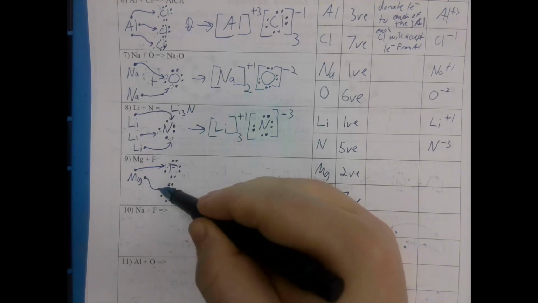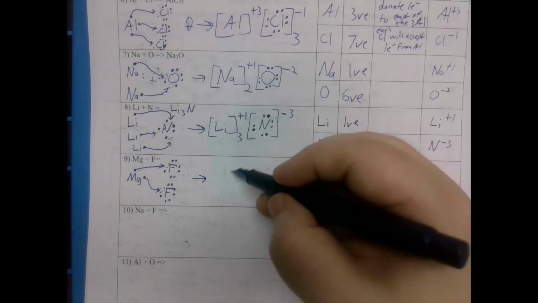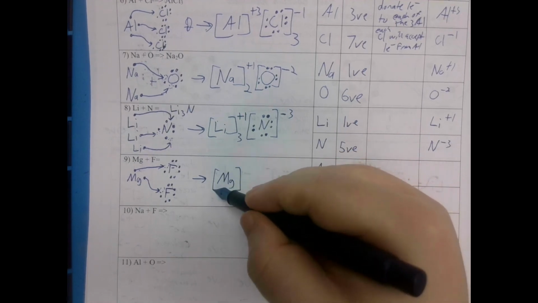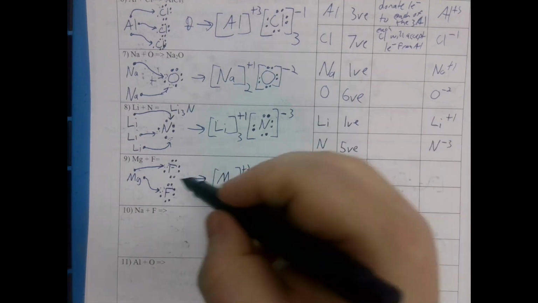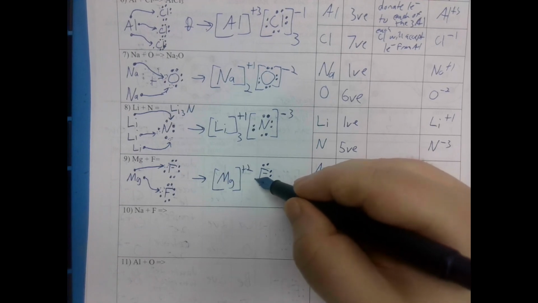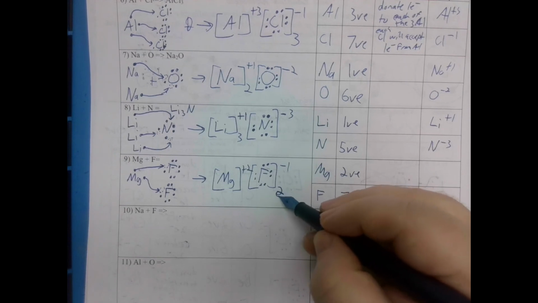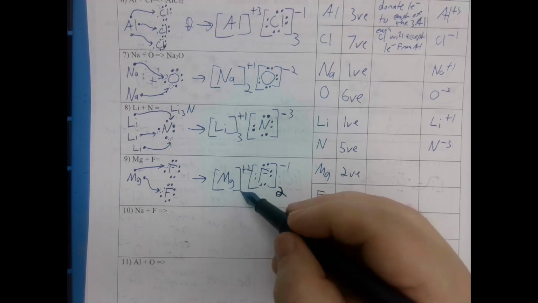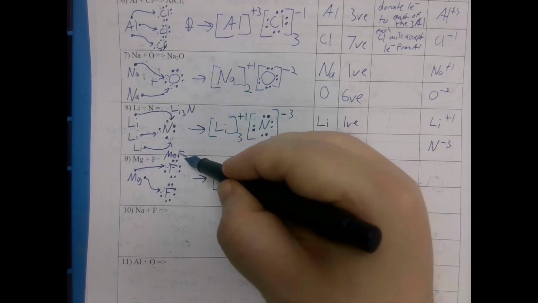So we can come over here and add it right there to that missing void. Magnesium is losing 2 dots, making it +2. Looking at just one fluorine, it's gaining a negative electron, so -1. And there are 2 fluorine and 1 magnesium, but we don't put 1s. So our formula right here is MgF2.